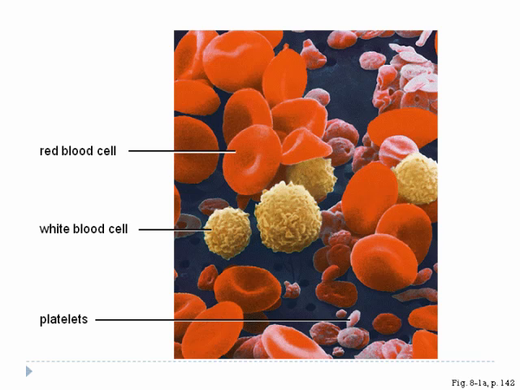There are actually 5 kinds of white blood cells that we can talk about: neutrophils, lymphocytes, monocytes, eosinophils, and basophils.